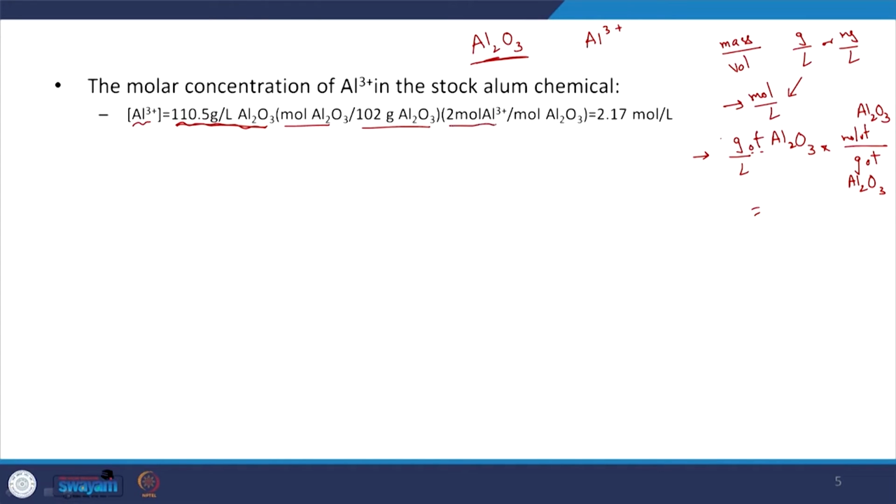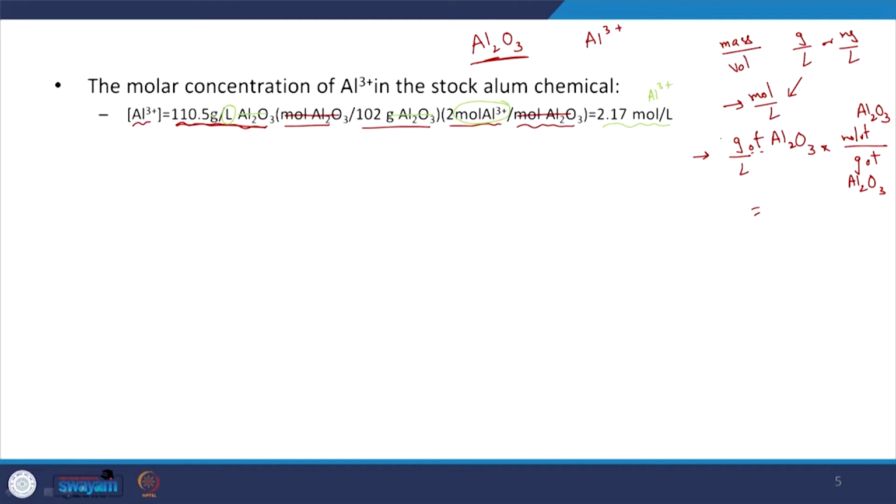So, 2 moles of Al3+ for 1 mole of Al2O3. This 1 mole of Al2O3 will cancel out here, and this mass will cancel out here, grams of Al2O3. So, what am I left with? I am left with moles of Al3+ per liter. So, that is what I have, moles of Al3+ per liter.